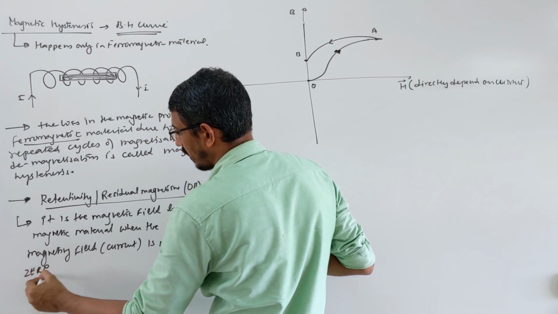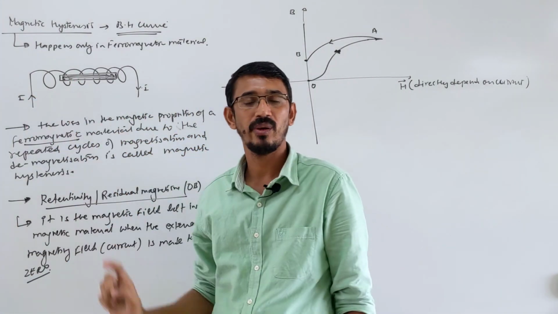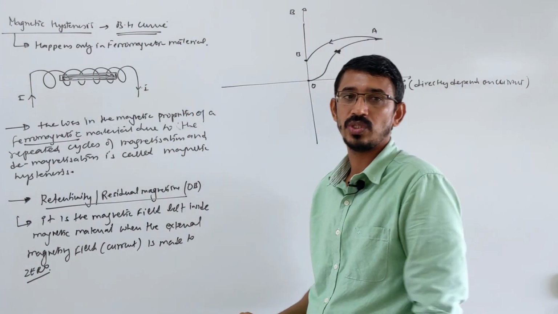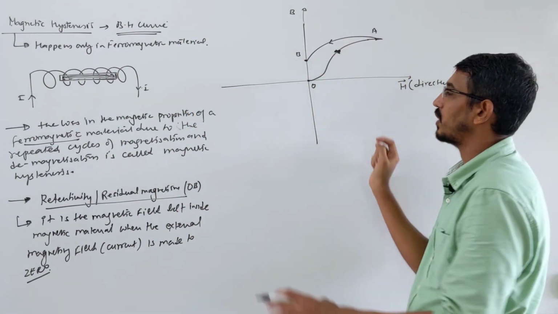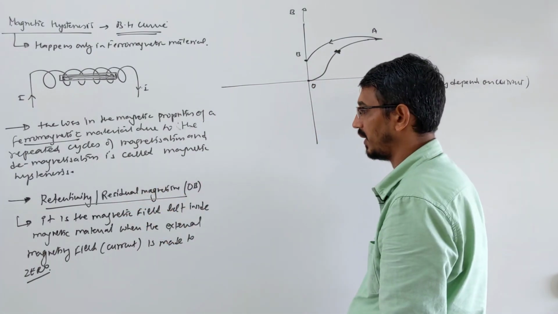You have made your current or magnetizing field 0, so no magnetizing field is produced by the solenoid. Still the magnetic field inside that magnetic material is not 0. Some value is left, and whatever is left is called the residual magnetism or retentivity of that material, correct?